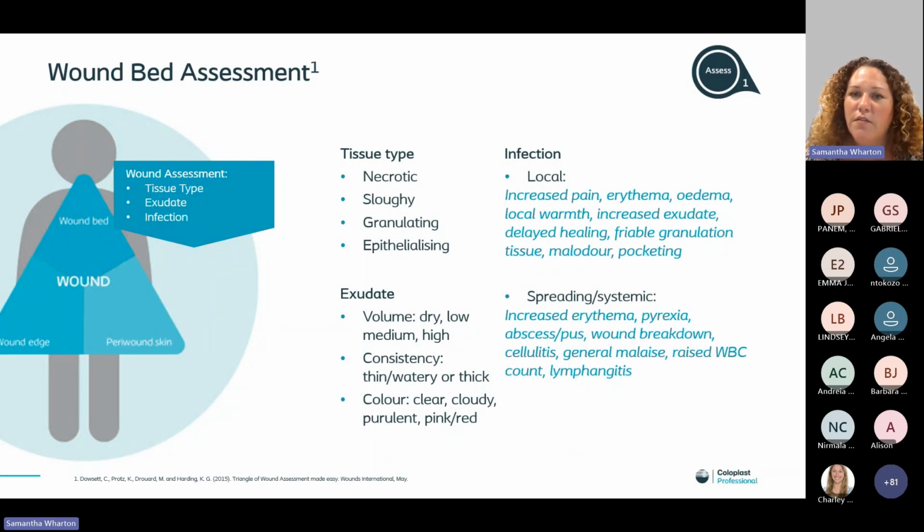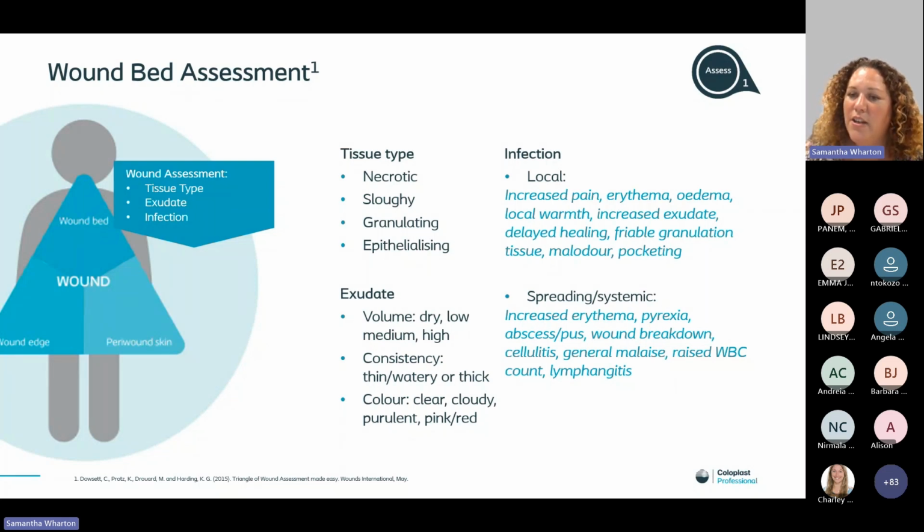We look for signs of infection. So we know those local signs of infection: increased pain, erythema, edema, local warmth, increased exudate, all these signs of local infection. And we need to then document that and put in place some treatment that's going to manage that. And then if that local infection isn't managed, it then turns into that spreading or systemic infection.